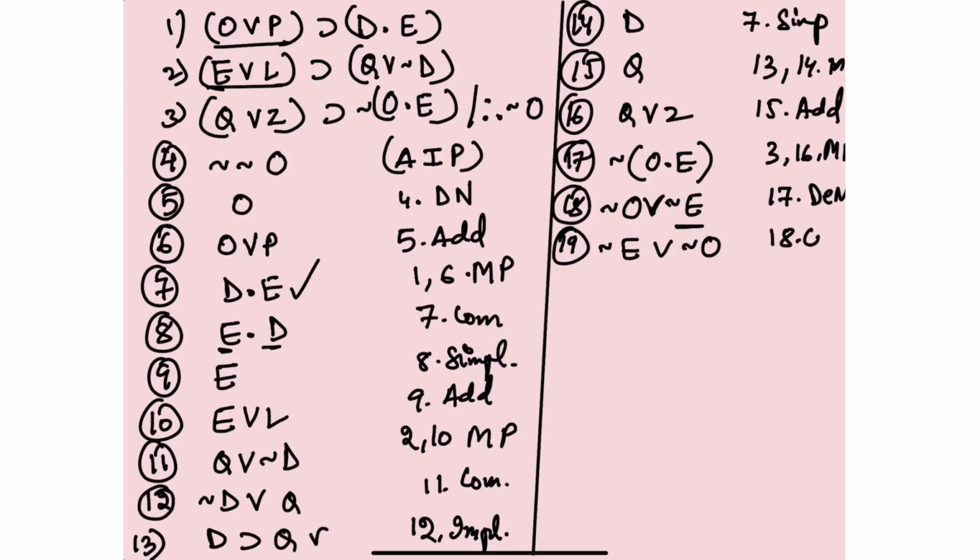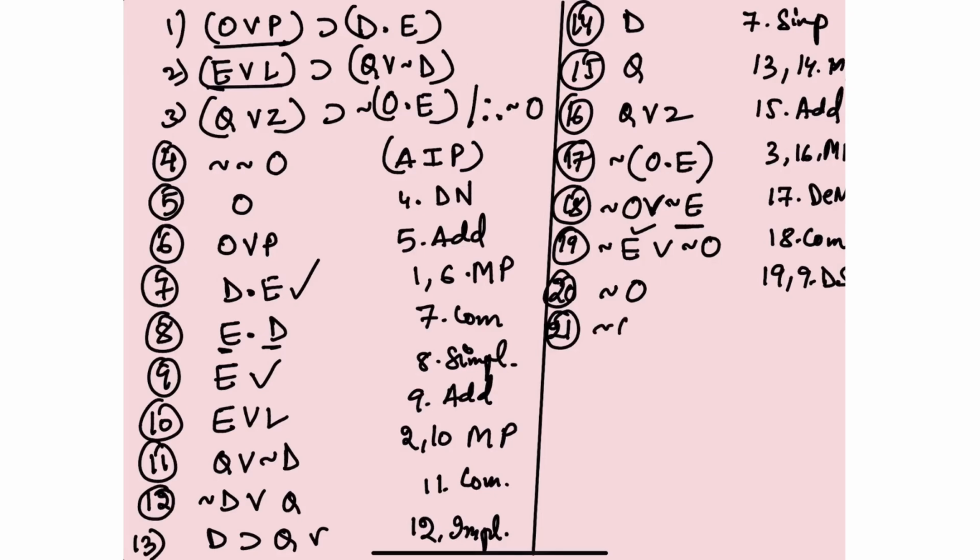You already have E, so you can just write negation E wedge negation O. Again in 18, commutation. Then in 20 you have negation E over here and E here, so you'll get negation of O by using disjunctive syllogism in 19th, and 9 in disjunctive syllogism. In 21st we have negation of O, and O here.